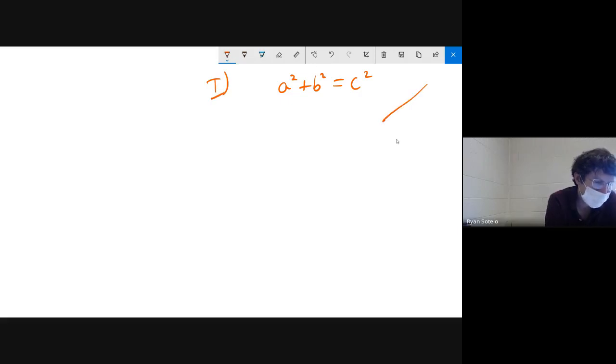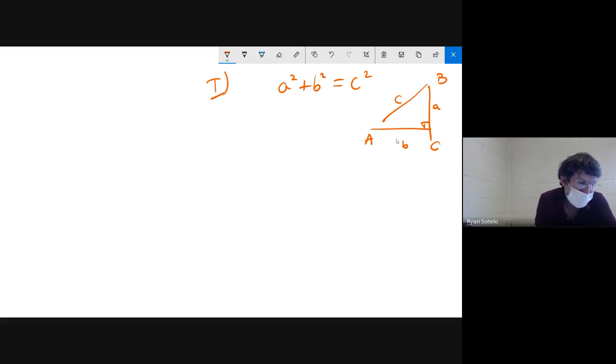I'll draw a little triangle here. And then we have the trig functions, which are sine, cosine, and tangent.